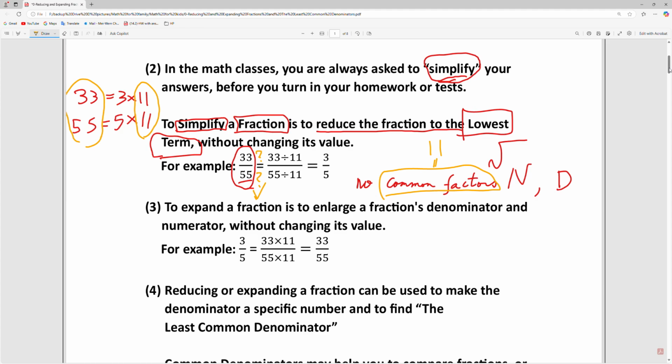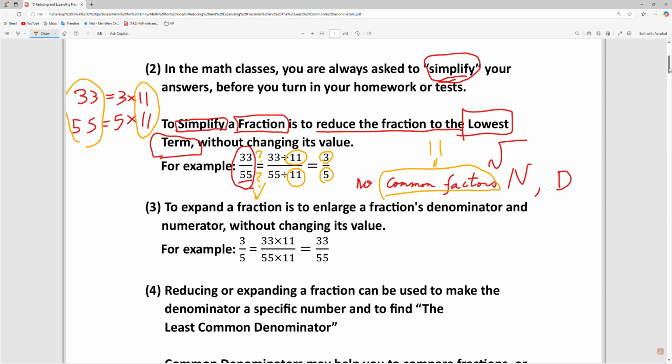If you don't believe it's equal, then you have to relearn to make sure what's right. So 33, because they have a common factor, you can divide by the common factor, so it becomes 3 over 5.